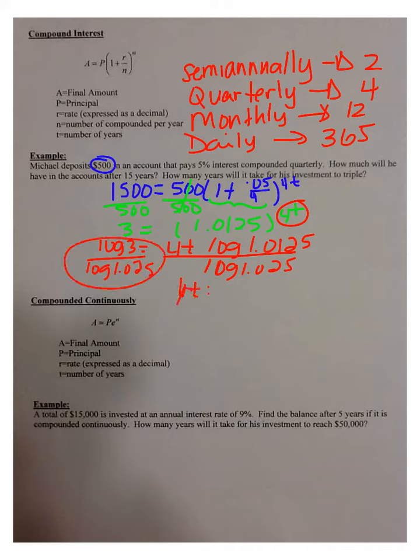Plug this into your calculator, and we get 88.43715195, and then divide both sides by 4, and we get 22.1, so it will take 23 years for his investment to triple.